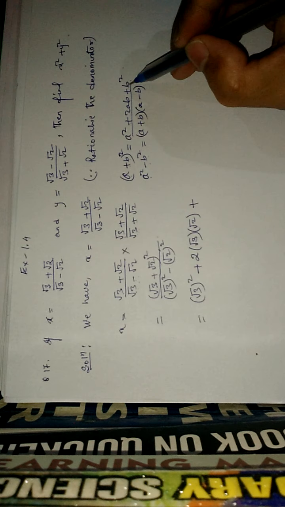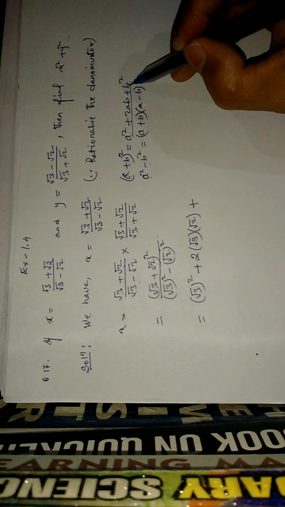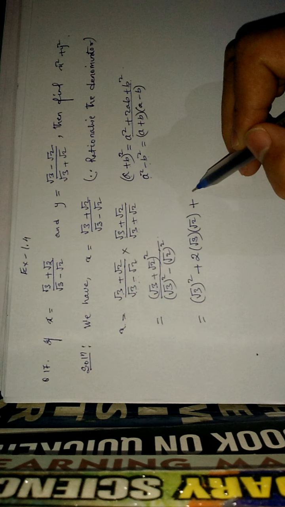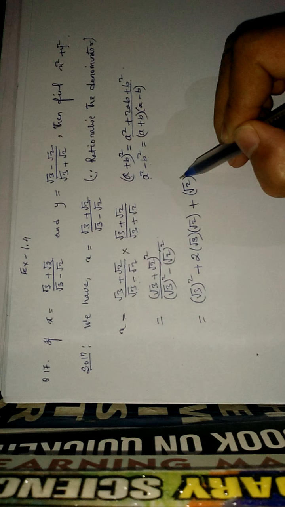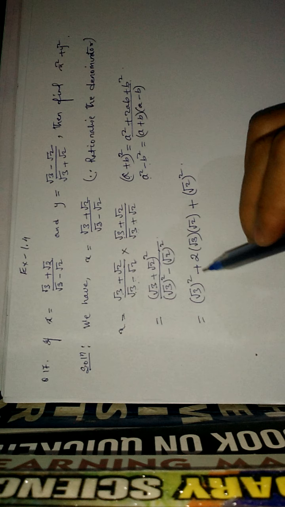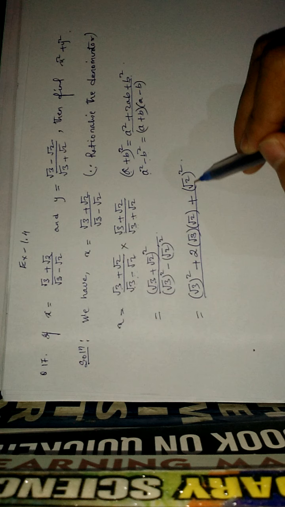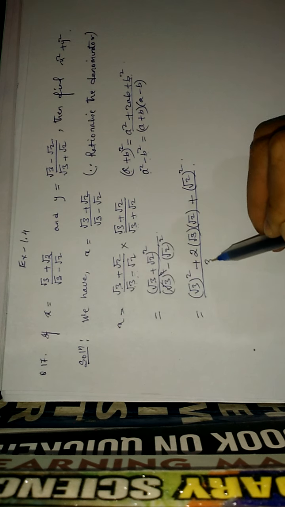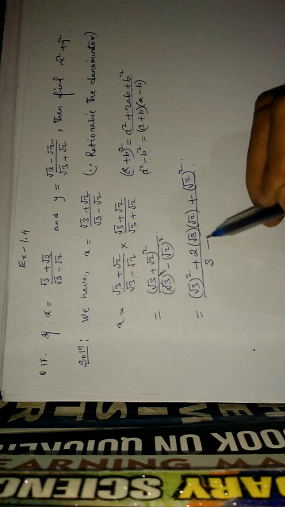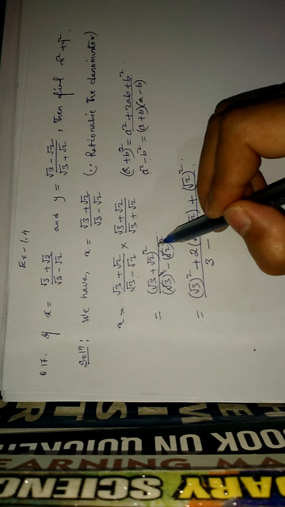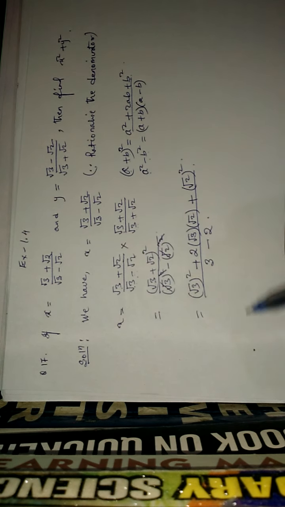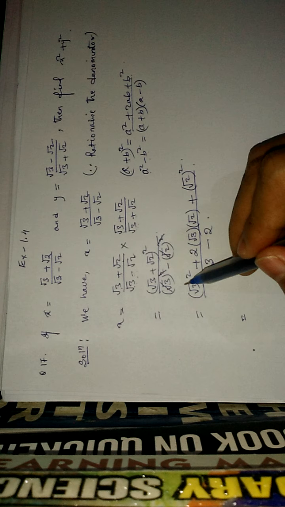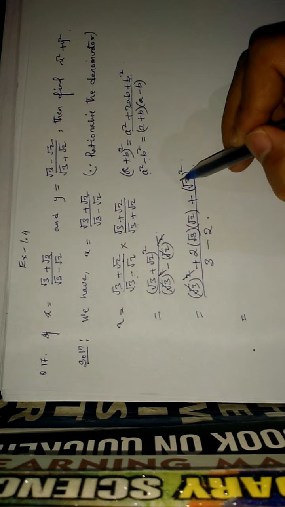Root 3 and square cancel this, and then remain also root and square, so 2 will remain. Root and square, root and square. From here 3 plus 2, root 3 into root 2 will be root 6 plus this 2. Okay, denominator 3 minus 2 is 1, so we don't need to write here.